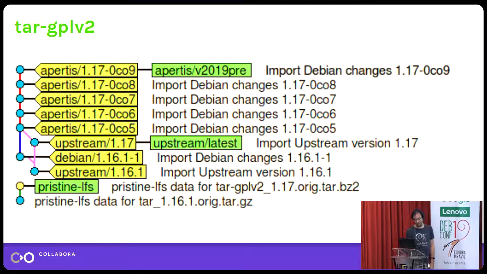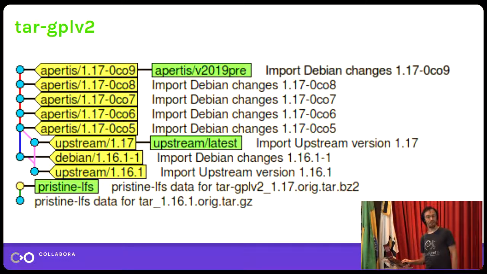We've also got a package called tar-gplv2 because unfortunately we cannot ship gplv3 packages in the target images, which get flashed into the devices in the cars, because the car industry is very sensitive about gplv3 and they don't want it.